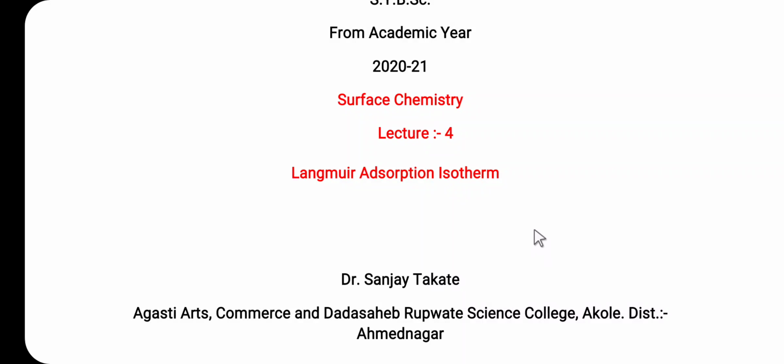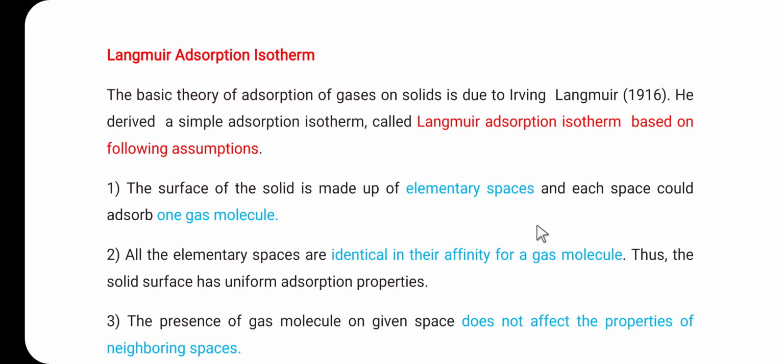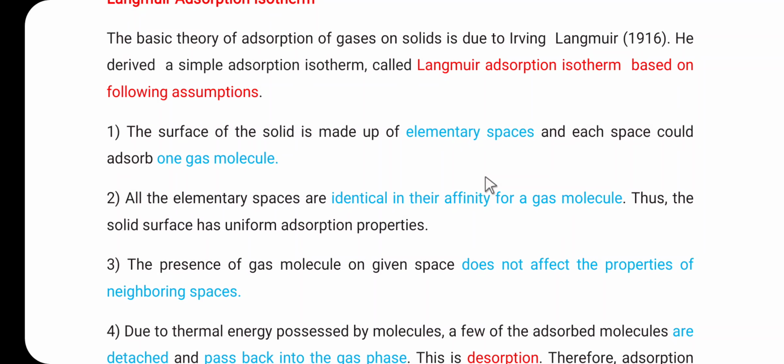The Langmuir adsorption isotherm is based on various assumptions. The basic theory of the adsorption of gases on solids is due to Irving Langmuir, who derived the adsorption isotherm in 1916.